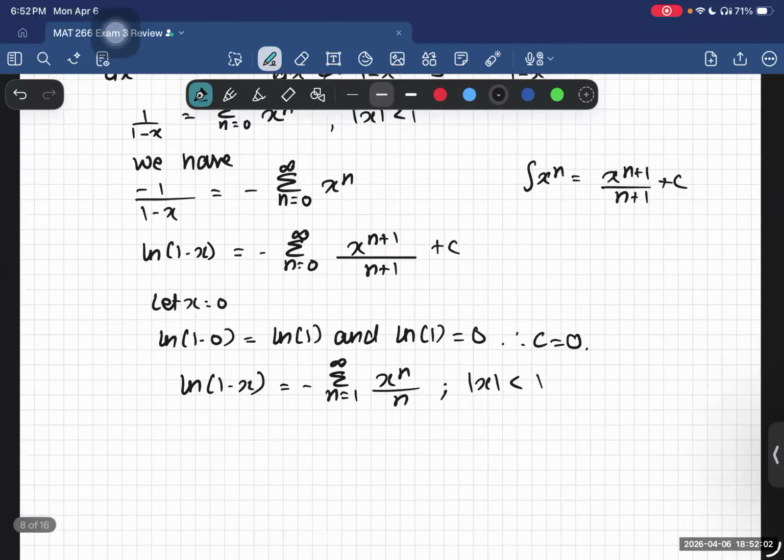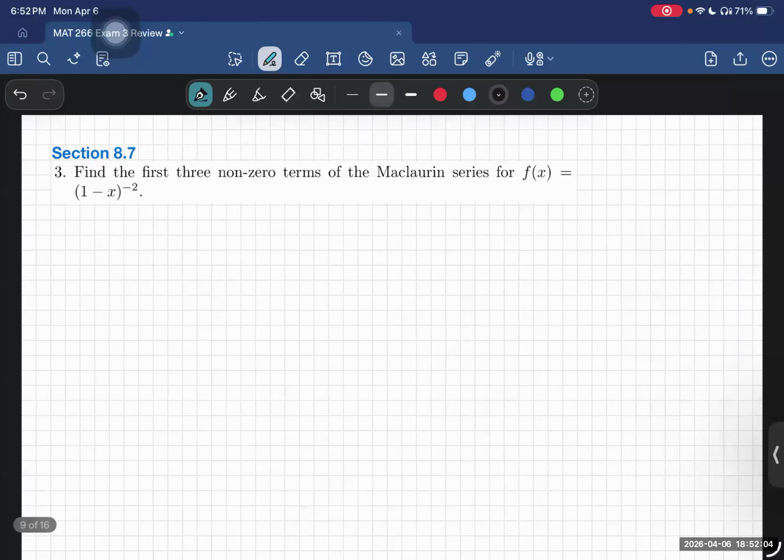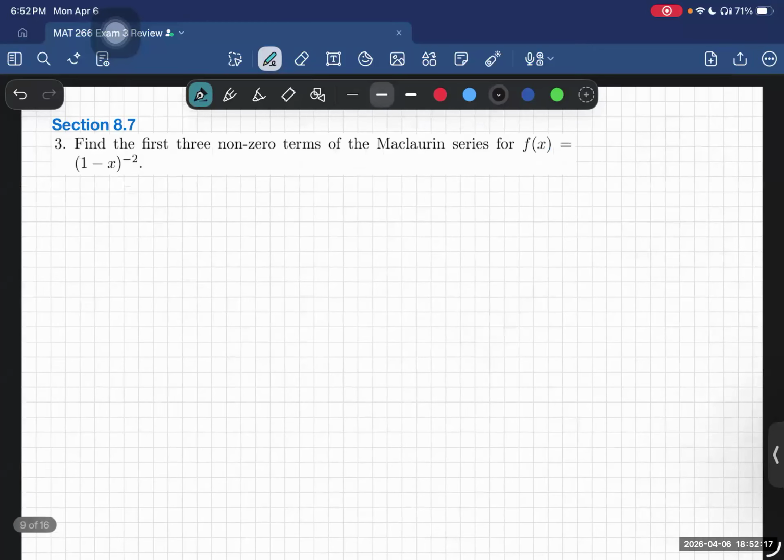All right. So moving forward, we have: find the first three non-zero terms of the Maclaurin series for f of x is equal to (1 minus x) raised to the power of -2. Okay. So for the Maclaurin series, we have the formula.